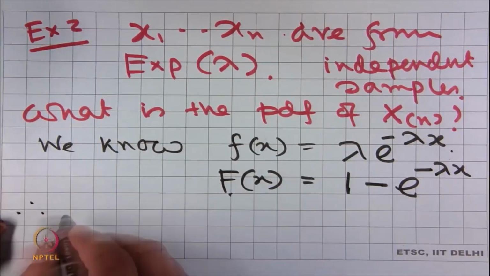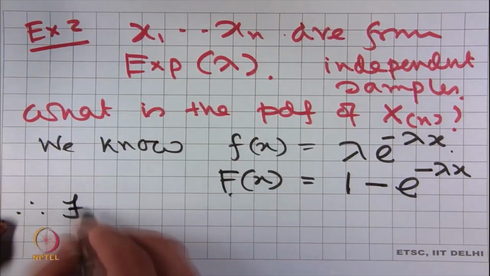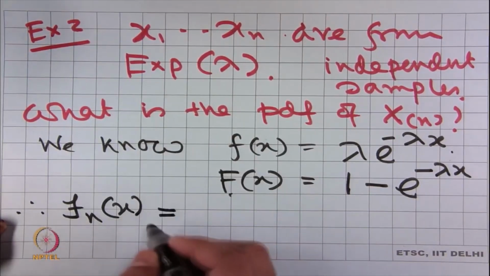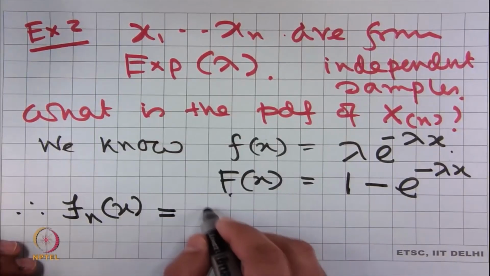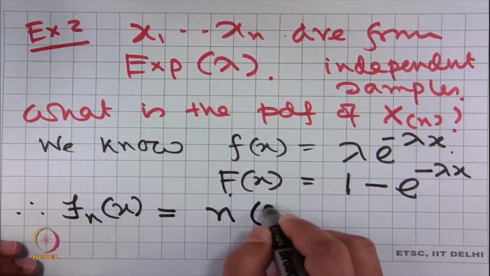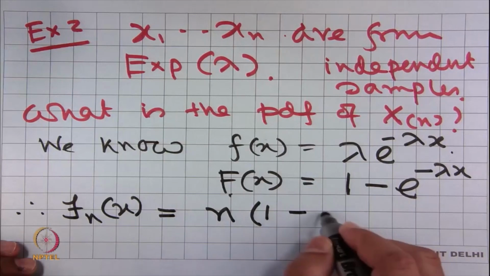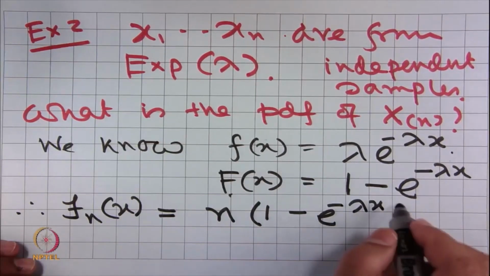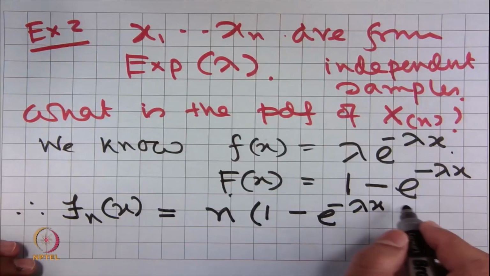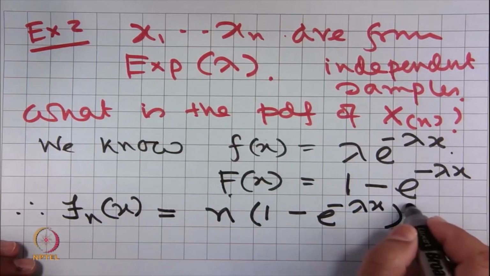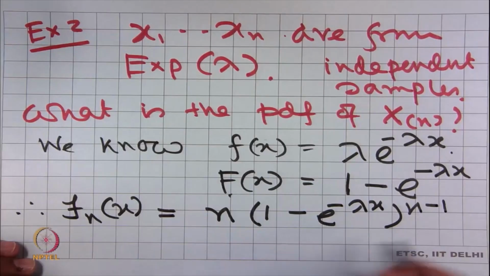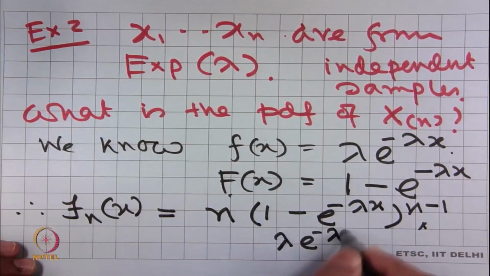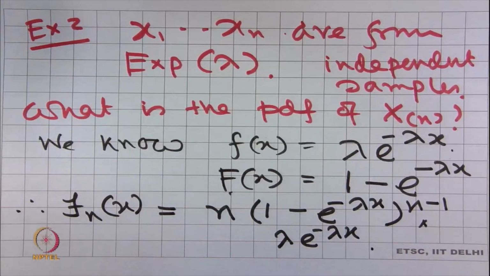Therefore, f n of x is equal to n into 1 minus e to the power minus lambda x whole to the power n minus 1 into lambda e to the power minus lambda x.